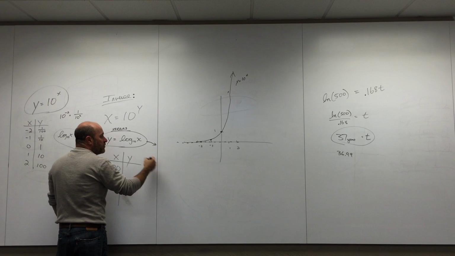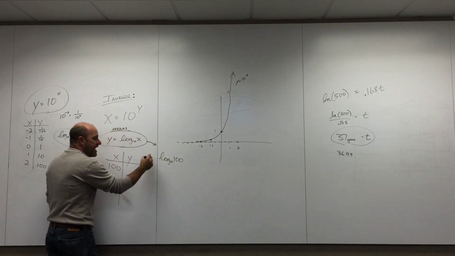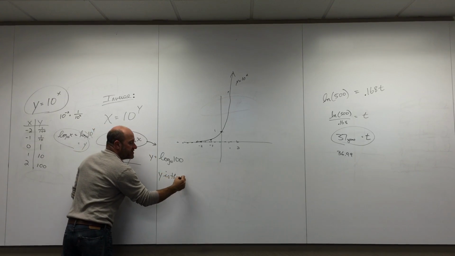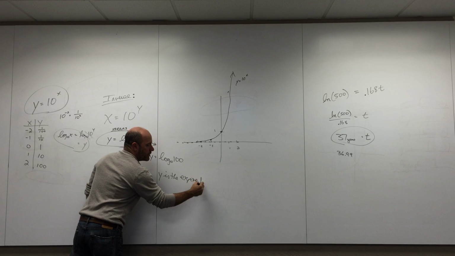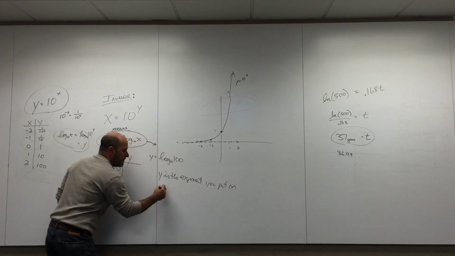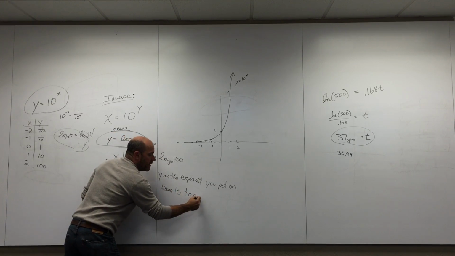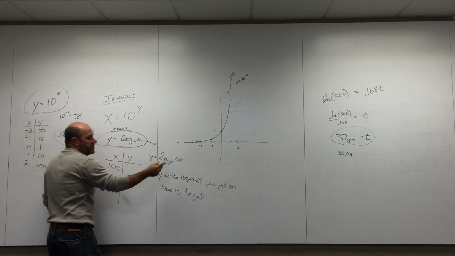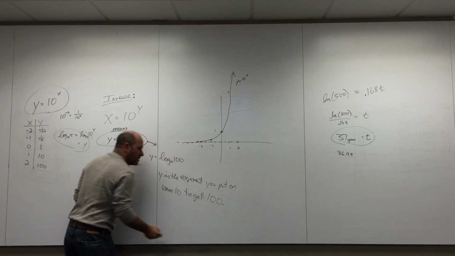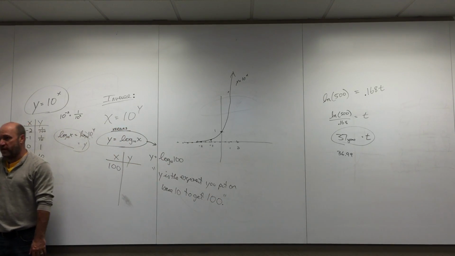When someone plugs in 100, you have to say to yourself, the answer y is the exponent you put on the base, which happens to be 10 in this case, to get the input x, which in this case happens to be 100. That's a long sentence, but you can understand logarithms if you say it to yourself every time.